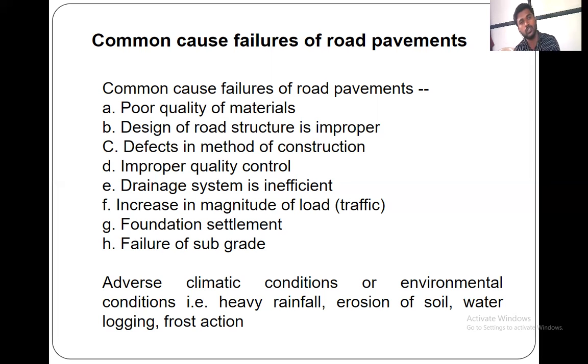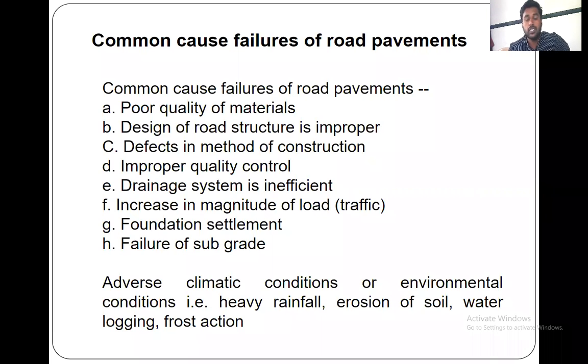While placing, proper compaction should be there, proper curing should be there, whatever is required as per the IRC. As per the highway authority, whatever the design specifications are, that should be achieved so that the quality will ultimately be achieved. So the most important thing is that the quality should be achieved. If we have not achieved the quality, if improper quality control is there, then failure of the road pavement will be there.